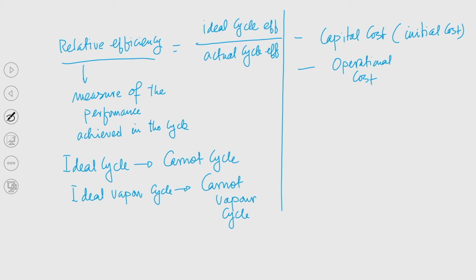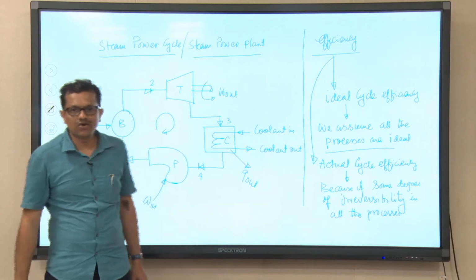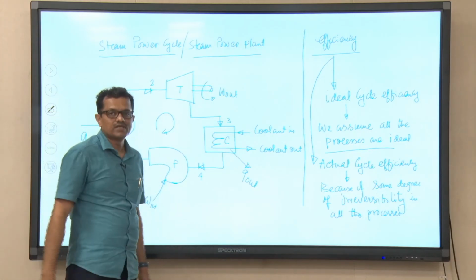If you would like to get output from a steam power plant, depending on the amount of work that we get from this plant, the size of the plant will depend. So, capital cost depends on the size of the plant. The size of the plant will dictate the capital cost, and once it is there, then to operate it, we have discussed that another cost will be there, and that is the operational cost.